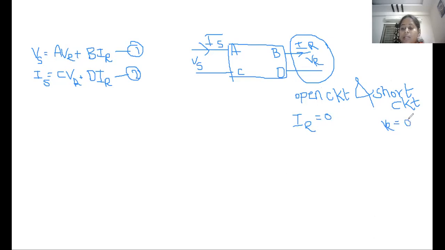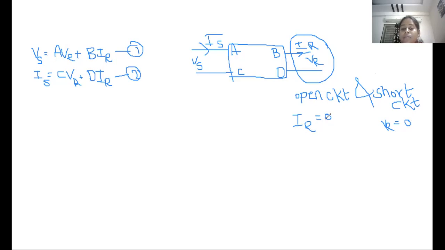Two conditions occur in any two-port circuit, open circuit and short circuit. For open circuit, IR equals 0, and for short circuit, VR equals 0. For the short circuit, there is no voltage, so the VR value equals 0. For open circuit, voltage is present and the current value is 0.